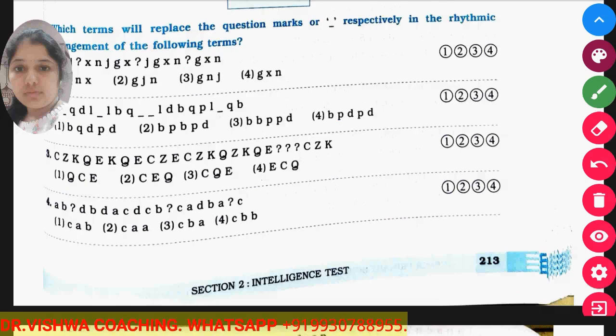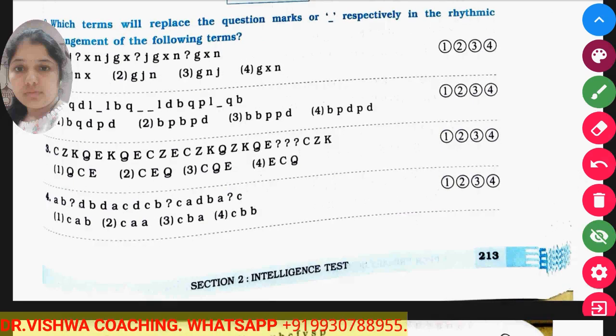Okay, first there is A, B, C, D. Then A is replaced with C. So it becomes B, D, A, C. Now B will be replaced with D, C will come here.